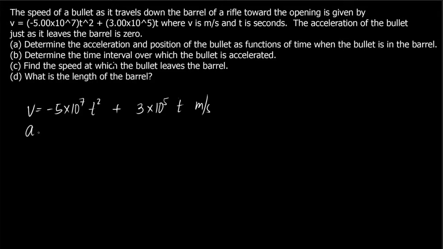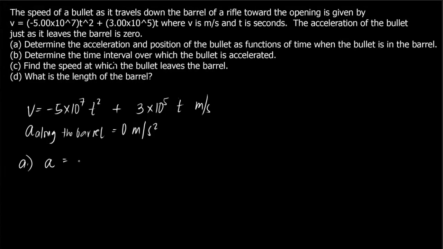So, our a along the barrel is equal to 0 meters per second squared. Okay. So, letter A, determine the acceleration and position of the bullet as functions of time. We don't have any substitution to do here; to get the acceleration, we just derive v.